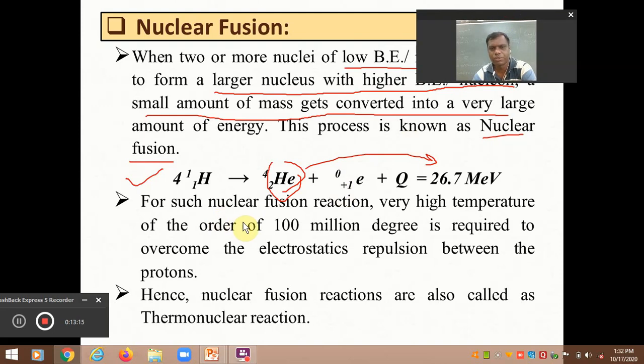And for such a nuclear fusion reaction, a very high temperature, generally of the order of 100 million electron volt, is required to overcome the electrostatic force of repulsion between the protons present in the nuclei.